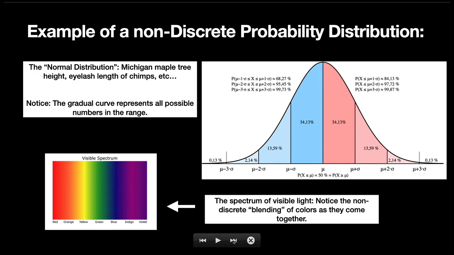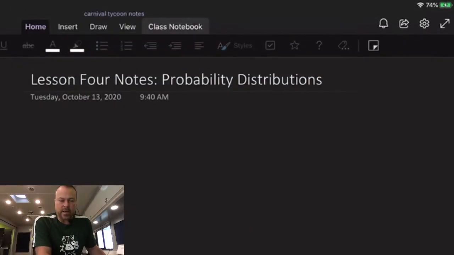And notice there is no distinct line between any of them. There's a blending of those lines and an infinite number of possible combinations of red and orange, or orange and yellow, or yellow and green, and whatnot. So these are non-discrete.